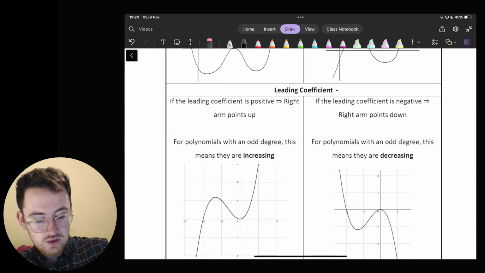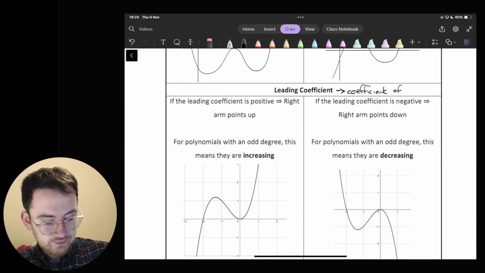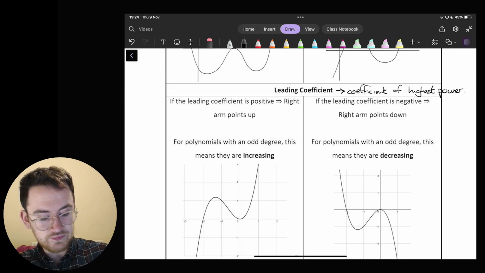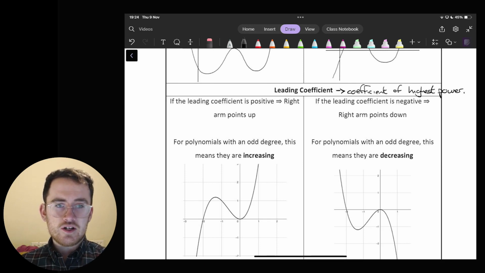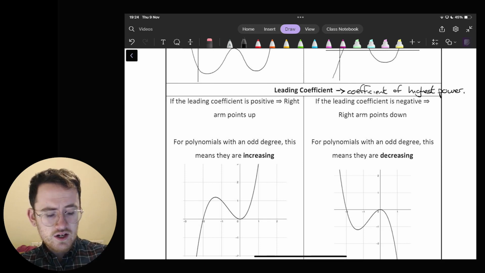The leading coefficient is the coefficient of the term with the highest power. So in terms of our quadratics, that would be your coefficient of x squared. And we already know that if the coefficient of x squared is positive, my x squared graph goes up like this.